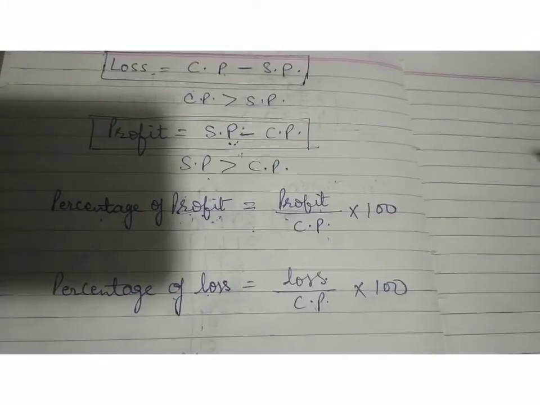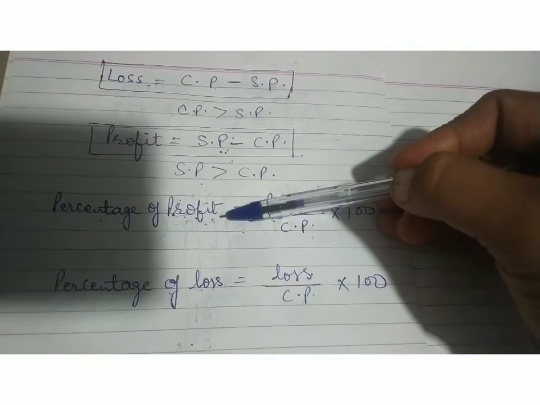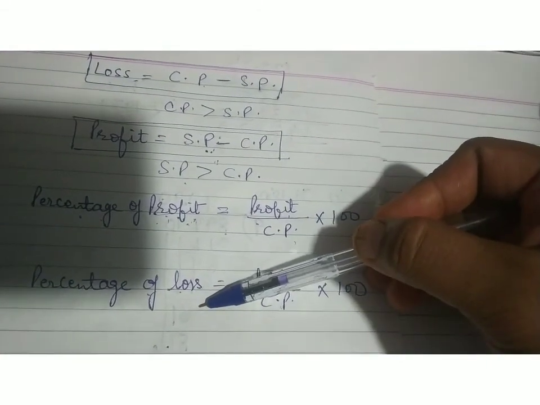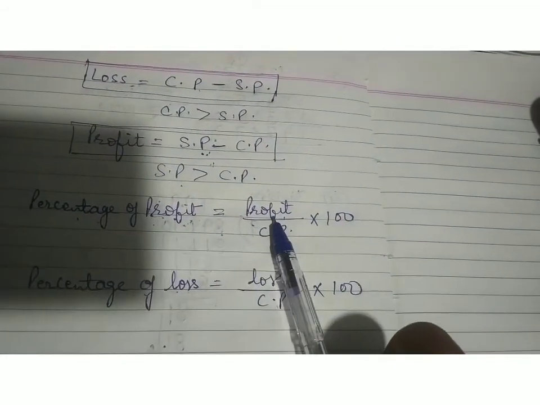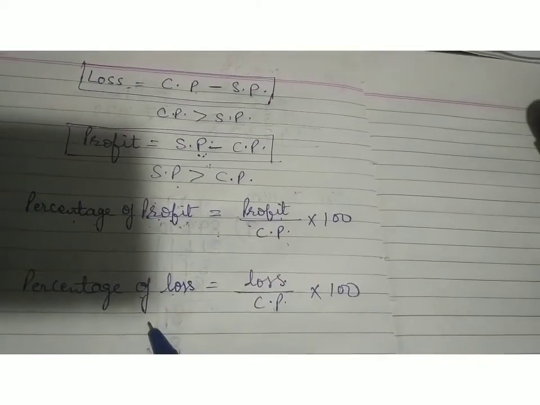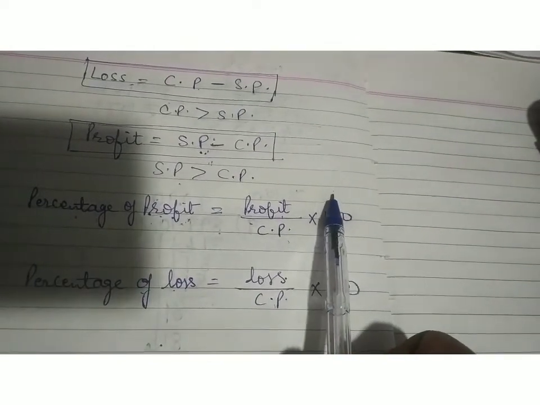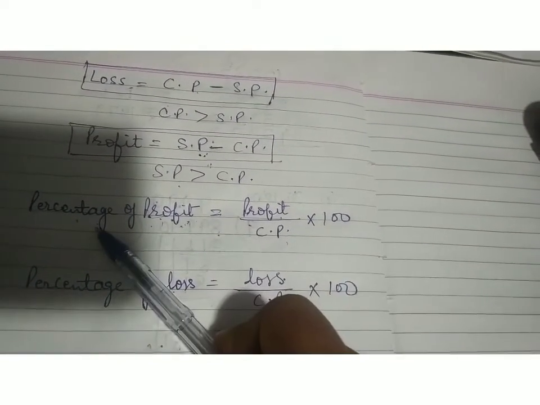So children, you understood very well profit, loss, percentage of profit and percentage of loss. Generally in the questions, whenever this is asked, first of all we have to find out the profit or loss, then we can find out its percentage. In the condition when the cost price and selling price are given, then we will find out first profit or loss and then we can find out percentage.